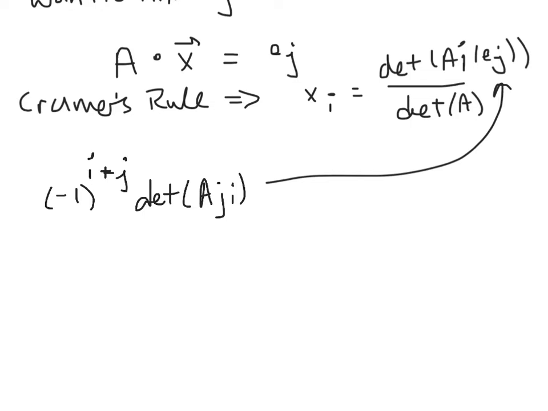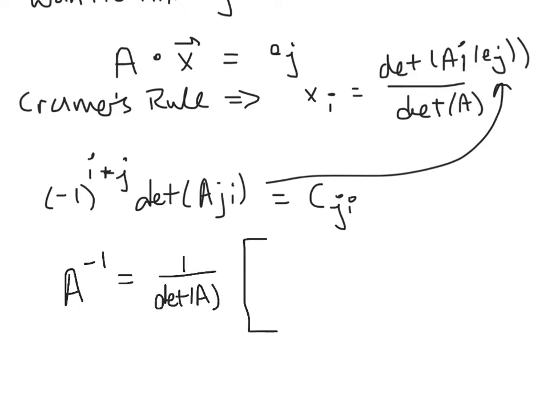And in fact, this is what we call the C_ji cofactor. And so what you obtain is actually a formula for the entire inverse. You find that everything is divided by the determinant of A, and you multiply that by a matrix, which is a little bit funny.